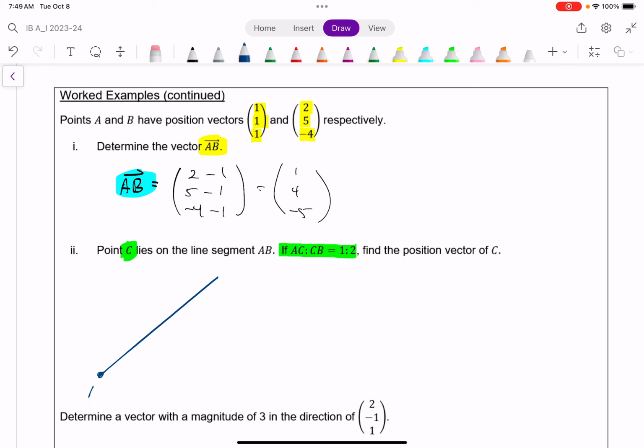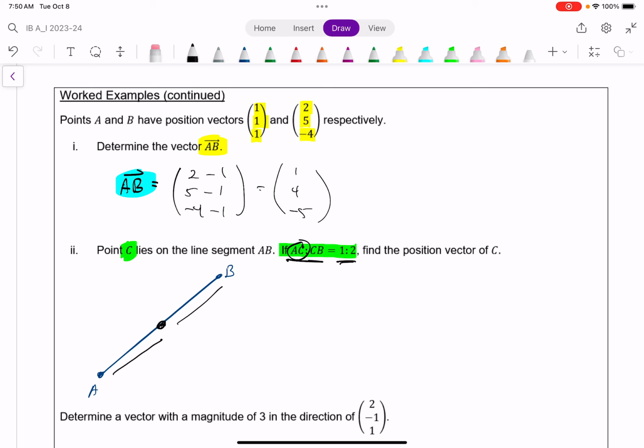All right, so if this is A and this is B, point C is on the line such that the ratio of A to C, so maybe I'll just put a point here for now, is 1 to 2 compared to C to B, which means the distance from here to here is exactly half the distance from there to there. That's what that's saying.